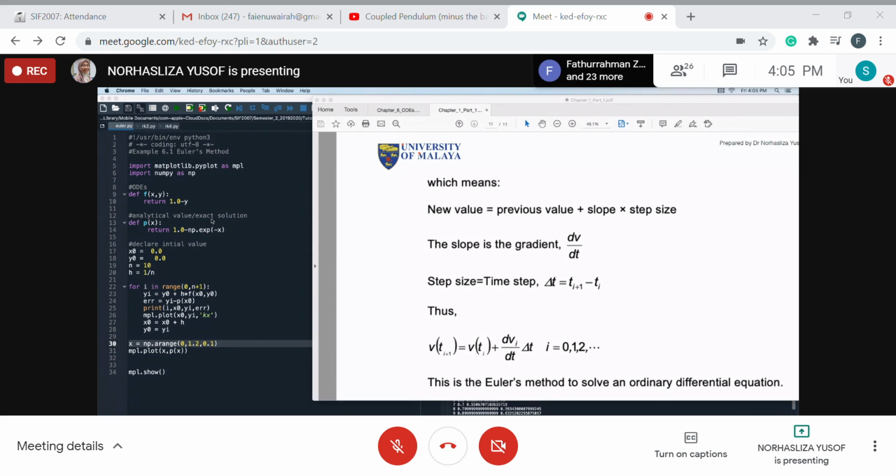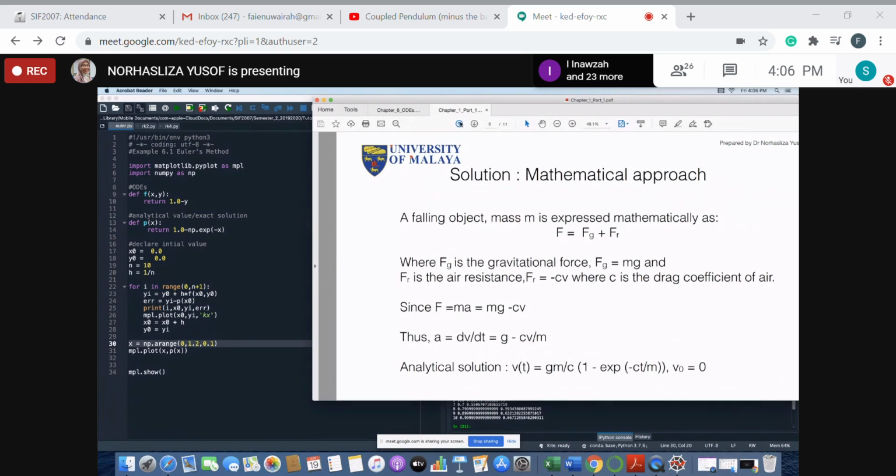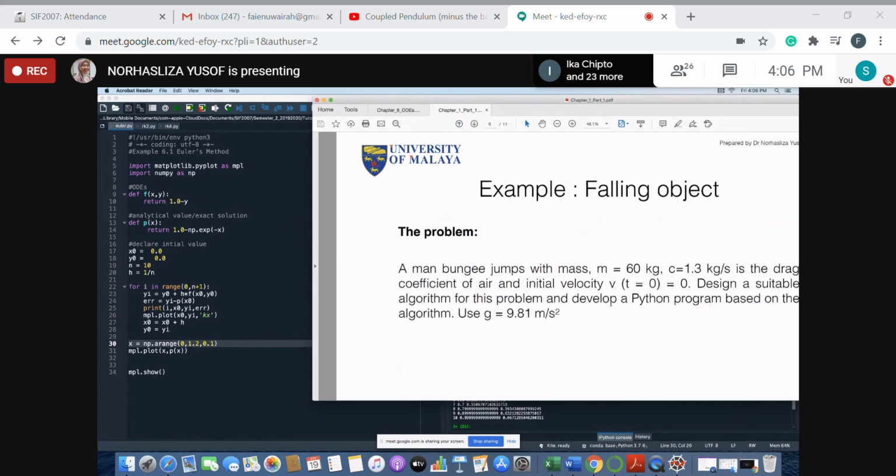And after that, what is your x naught? So x naught is your t. So now t is 0, and y naught is your v. V is 0, and then you have to declare everything else, your m, c, and so on.